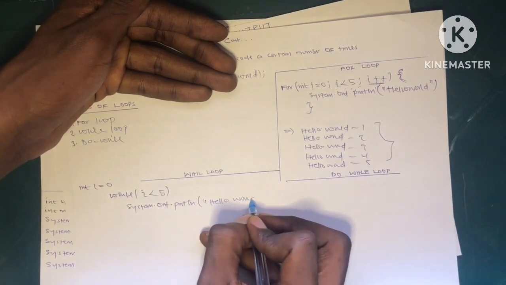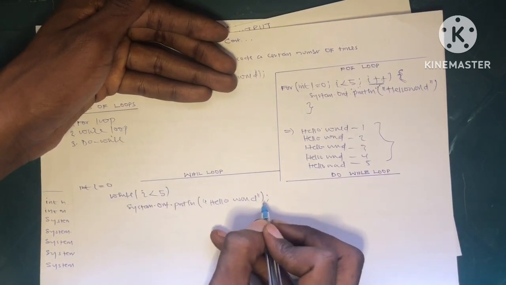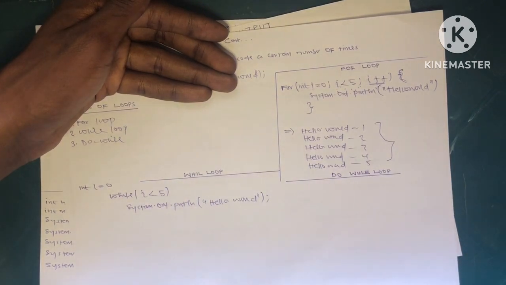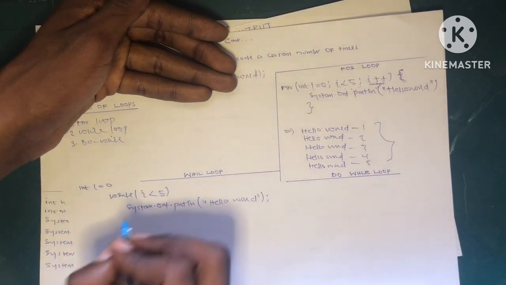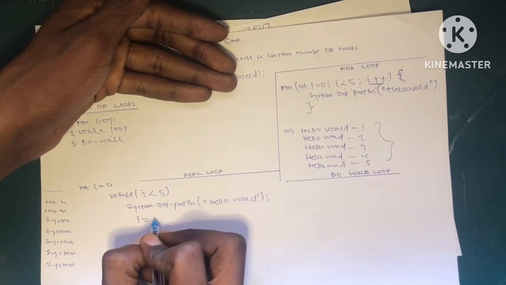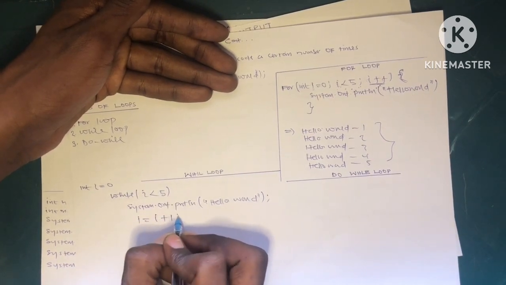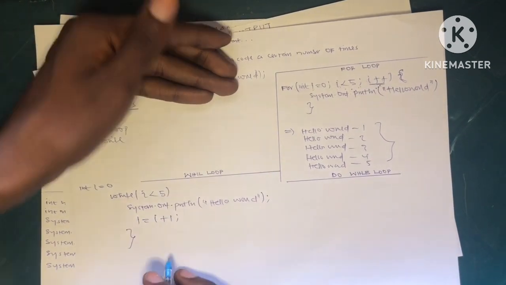Then you say let I be equal to I plus 1. Then you close it.